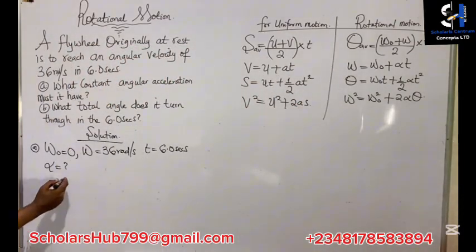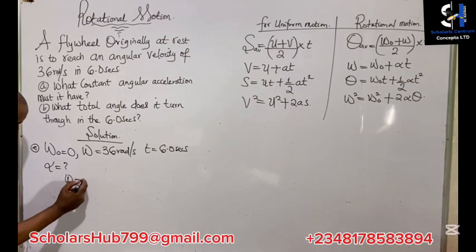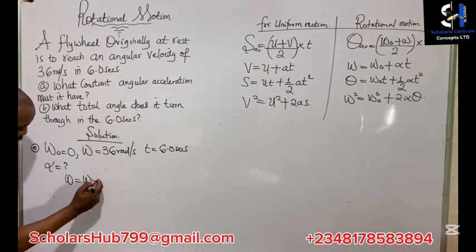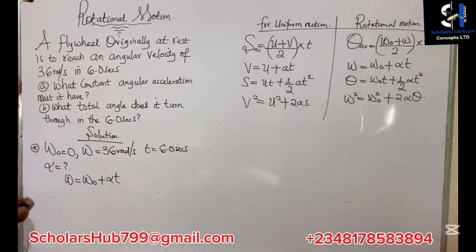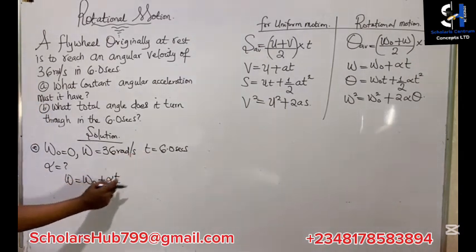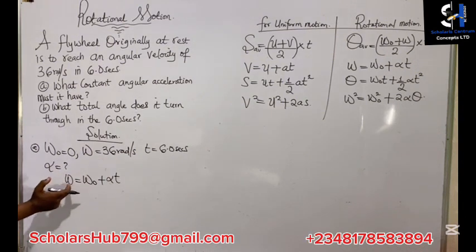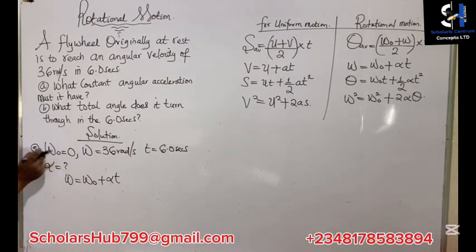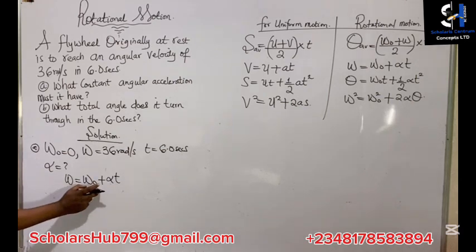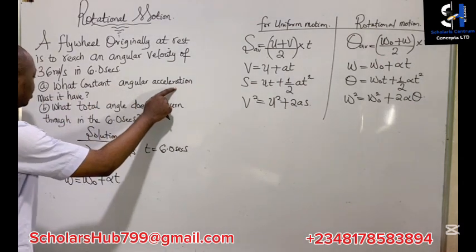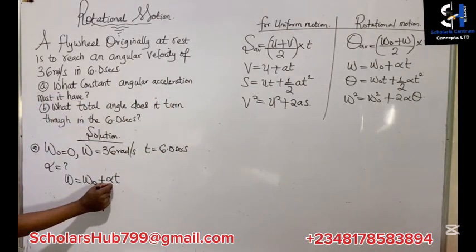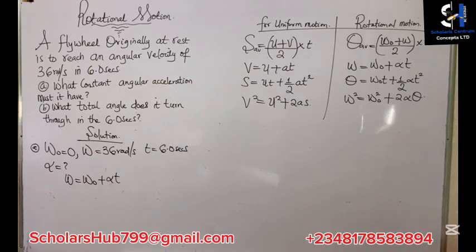We have the value for t and for the final angular speed, and the initial angular speed is 0. The question reads, what constant angular acceleration must it have? So we are looking for the angular acceleration.